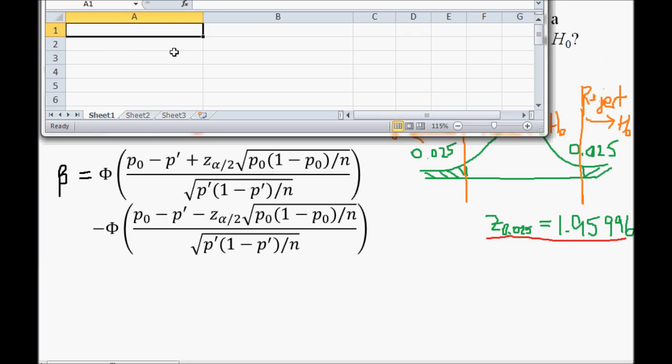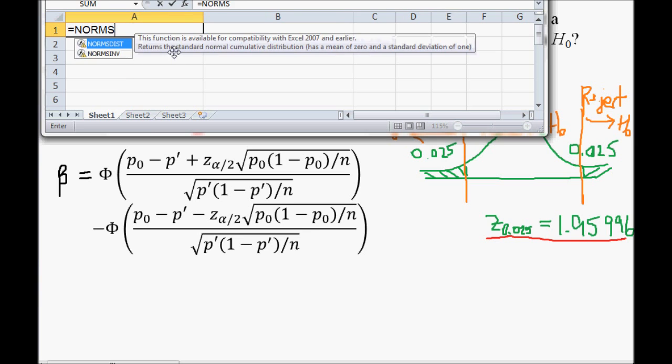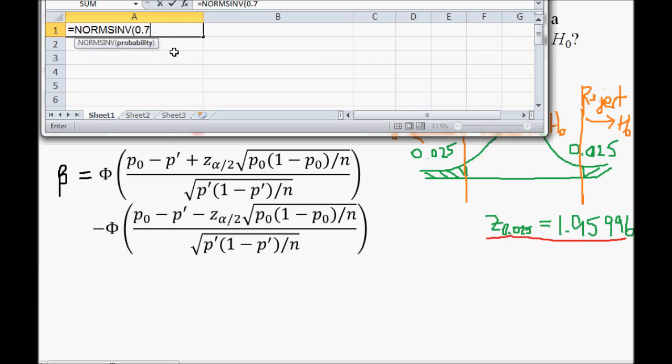Okay, so let's go ahead and start typing. First, the numerator is going to be 1/6 minus 1/5 plus z alpha, which was 1.95. Well, let me do it like this. First, let me put NORM.S.INV of 0.975. That is our z alpha.